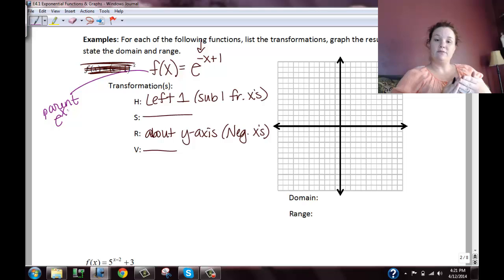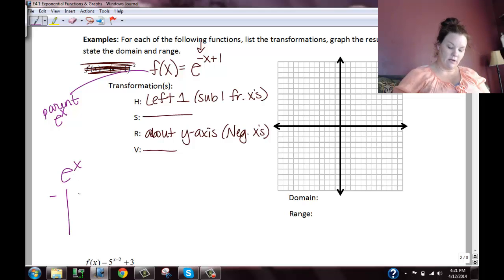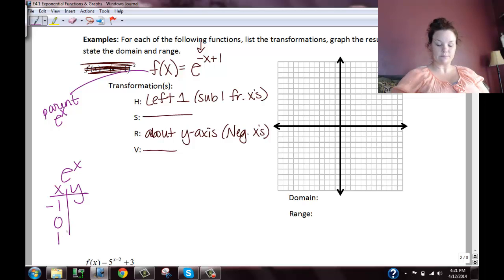We take the positive form of the base, which in this case is e, raised to just the positive x. So if I want to make an xy table, and I always include 0, because remember we talked about the point (0, 1) is on every exponential graph, I'm just going to pick negative 1, 0, and 1.